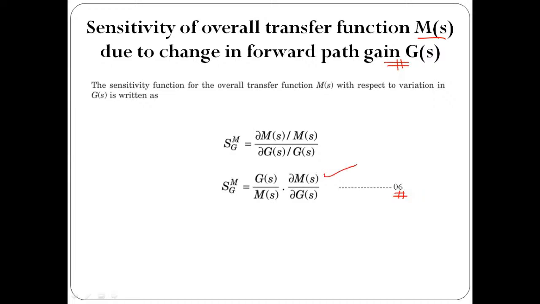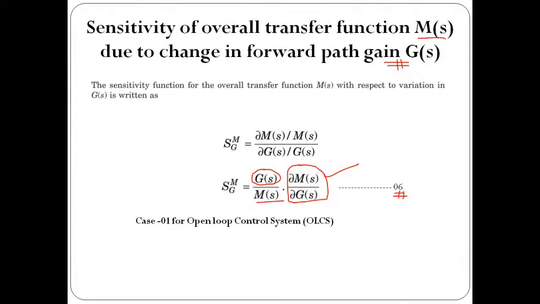We need to apply this equation to calculate the change in the transfer function of a system due to change in its forward path gain, where M of s indicates the overall transfer function, G of s indicates the forward path gain of that system, and this factor indicates the variation of the overall transfer function with respect to change in forward path gain, that means dou M of s by dou G of s.